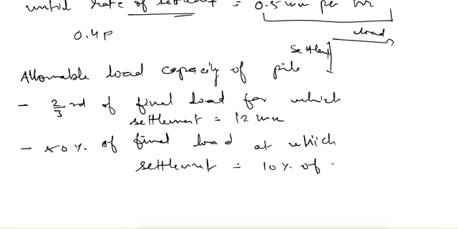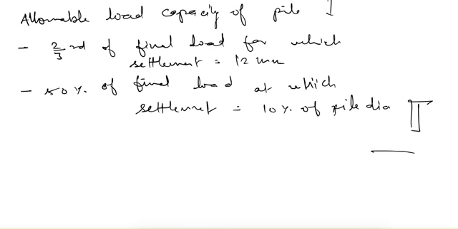10% of pile diameter, if it is a uniform diameter pile, that is, if it is this kind of pile. Or if it is an under-reamed pile, that is, if it is having a bulb here, then this settlement should be 7.5% of bulb diameter.